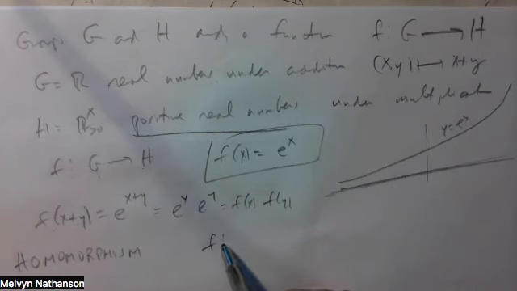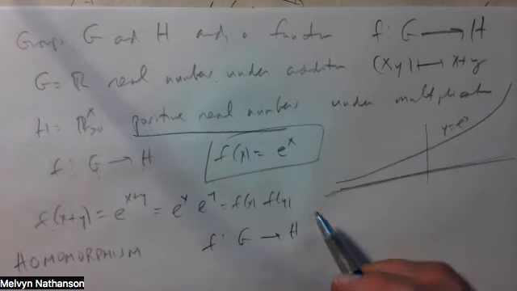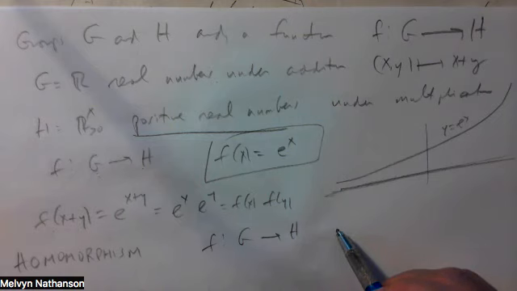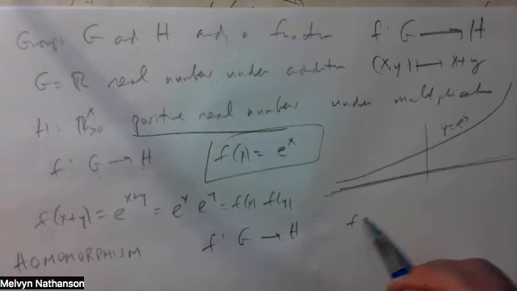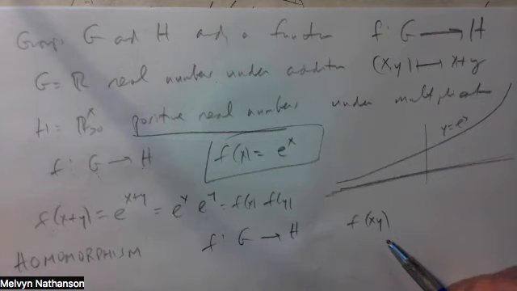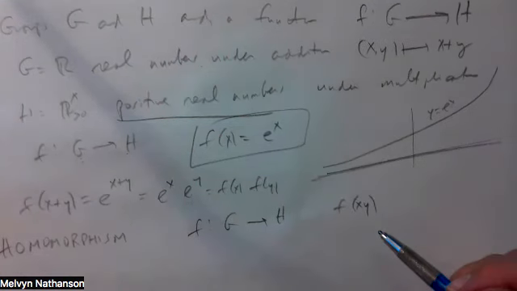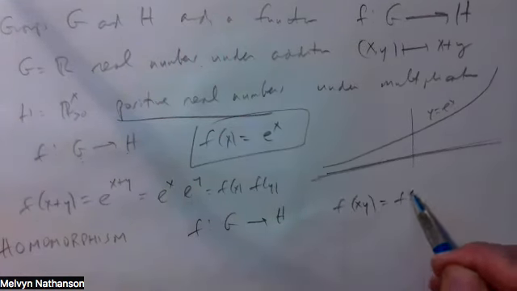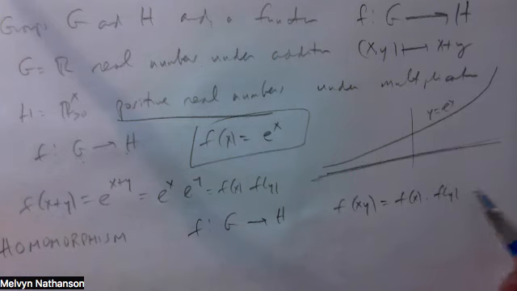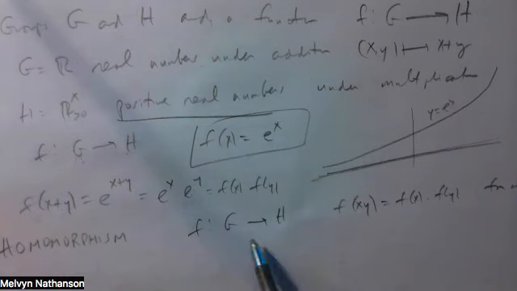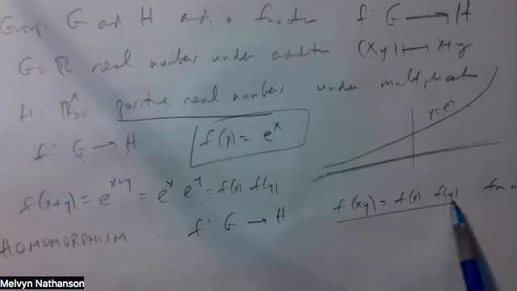So in general, if you have two groups G and H, f is a homomorphism if f of, let's say, xy, I'm just going to write multiplication as the generic operation, f of xy is f of x times f of y for all x and y in G. So a function with this property is called a homomorphism.